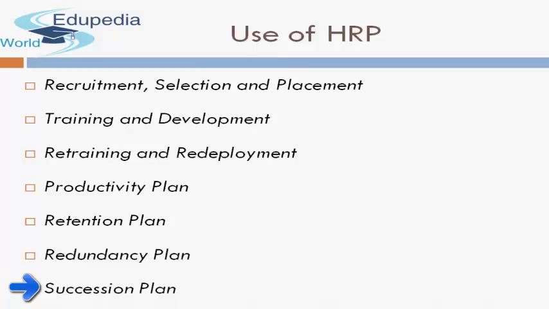In case an employee leaves, the employee who is working under that particular employee is trained so much that when the higher position employee is leaving, the lower position employee can take over easily. So that is called a succession plan. All these things are covered and done by the HR department, and that is the reason these days the HR department is not called just HR, it is called strategic HR, because all these things are related to the strategy of the organization.